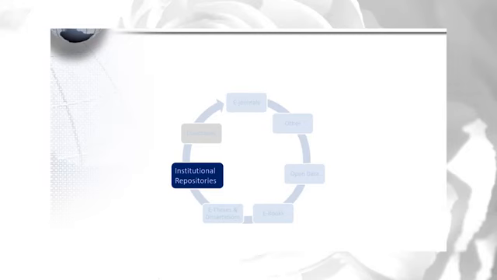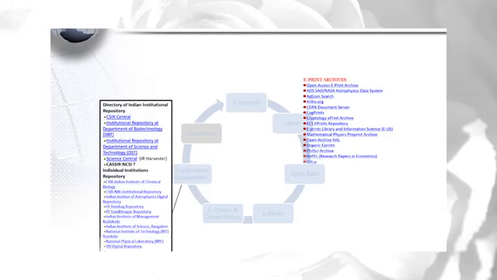There are a number of CSIR centers, institutional repositories such as the Department of Biotechnology and the Indian Institute of Public Administration. You name an institute, and there are a number of institutions who have created a repository of their intellectual output of peer reviewed research material and put it in the public domain through their institutional repositories.